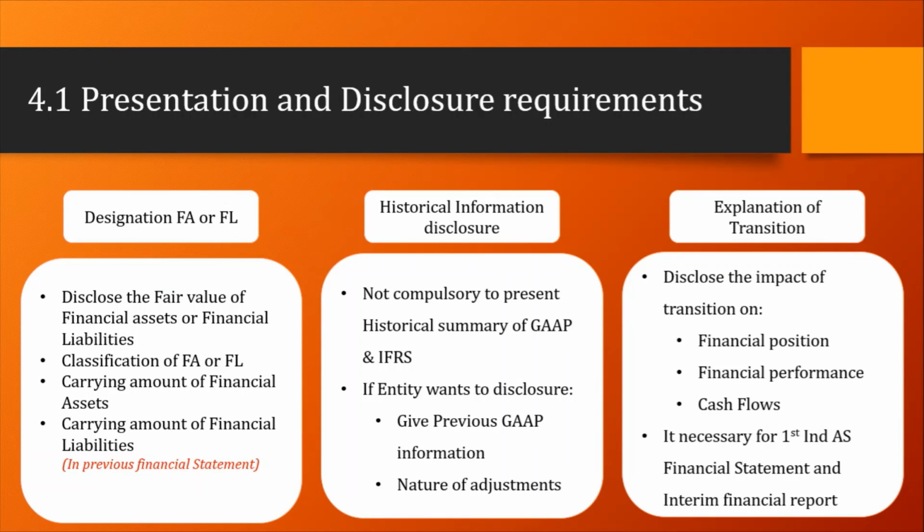They are required to disclose the most recent information published under the previous GAAP, so that users are up to date about this information, and then give the information at the date of transition to IFRS. So they have to comply with these things from the disclosure perspective.